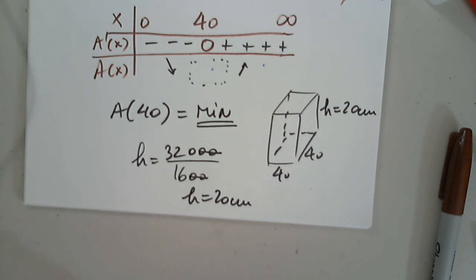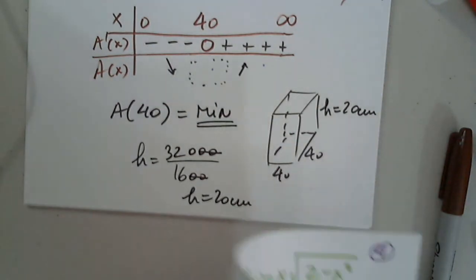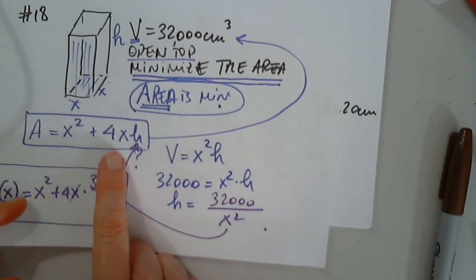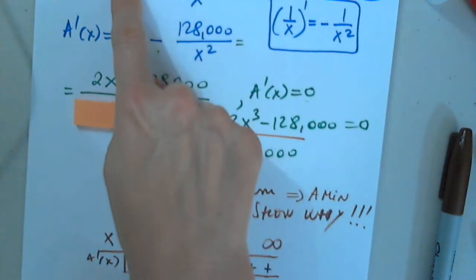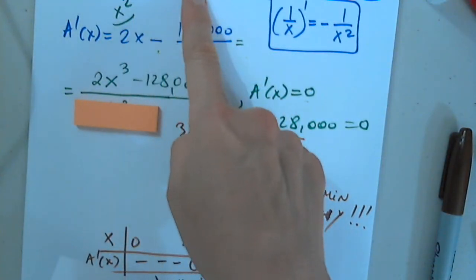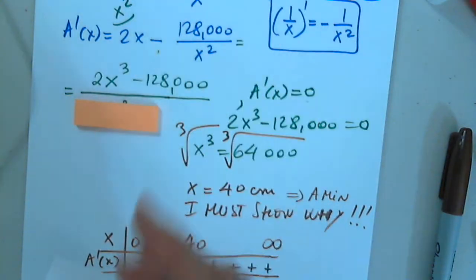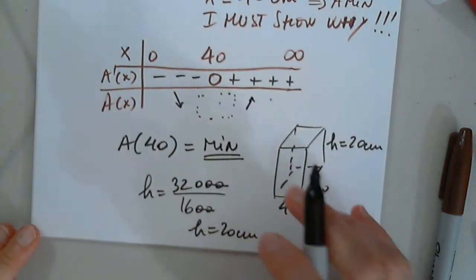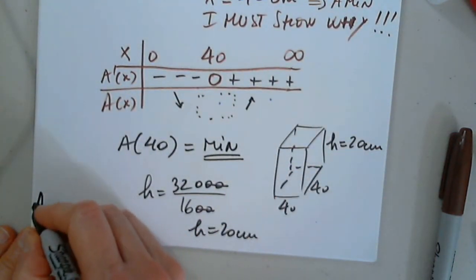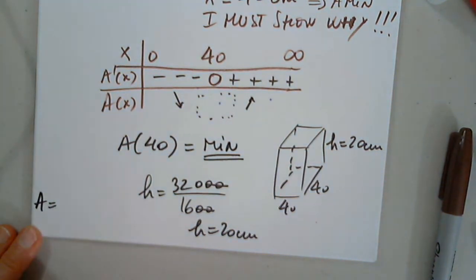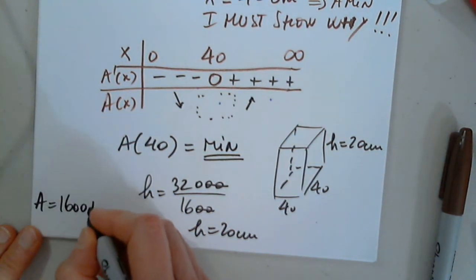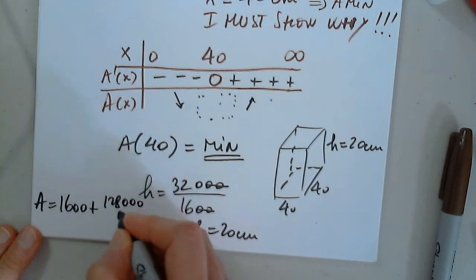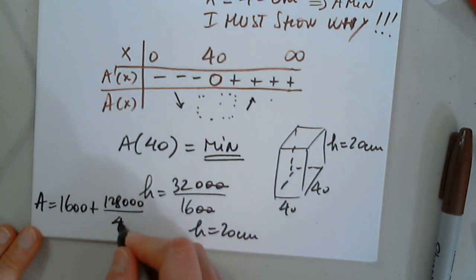What is the minimum surface area? The surface area is x squared plus 4x times h. It's easier for me to put it here, or we can plug it in here. So 40 squared plus 128,000 divided by 40, and that's the minimum area. It doesn't matter which formula we use. So the minimum area will be 40 squared, 1,600, plus 128,000 divided by 40.